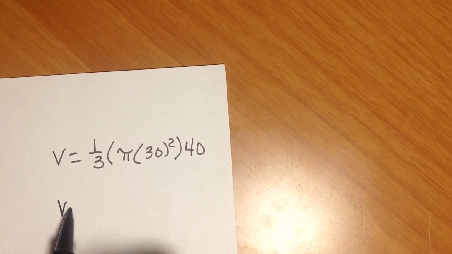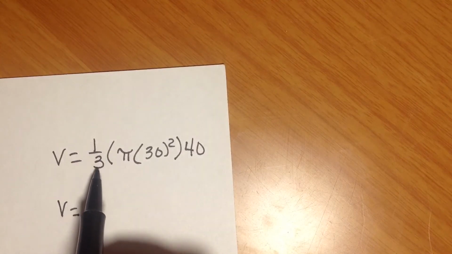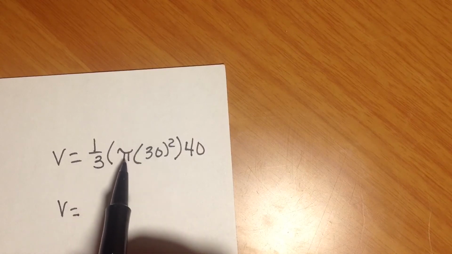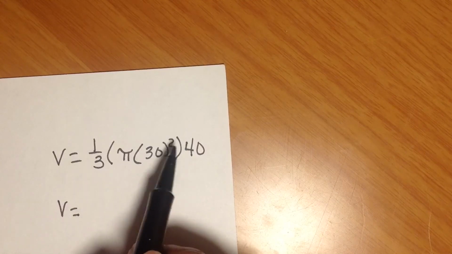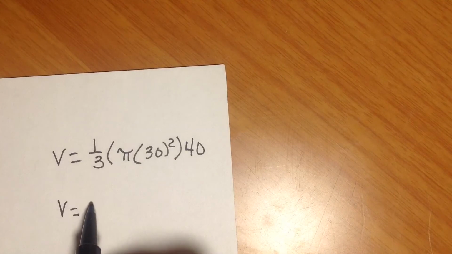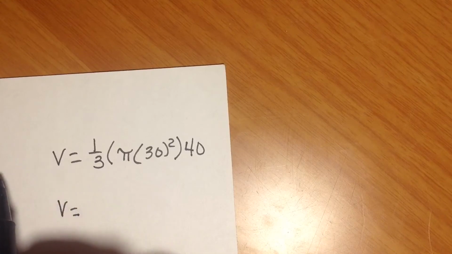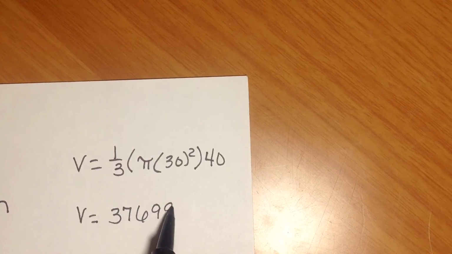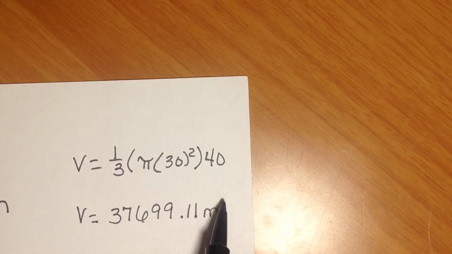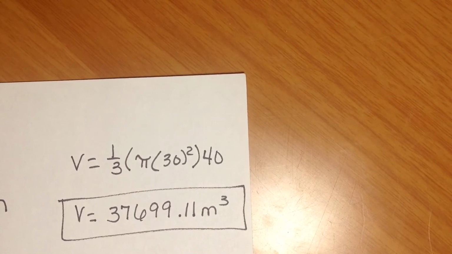So V is equal to, I'm going to say 1/3, so 1 ABC 3, times pi times 30, press your square button for the 30, times 40. And when you plug that all in, you could break it up, but you're going to have some decimals, so you can just put it all in your calculator all at once, exactly like you see it, and you should get 37,699. I'm going to round to the nearest hundredth, meters cubed. And that's the volume of this cone.